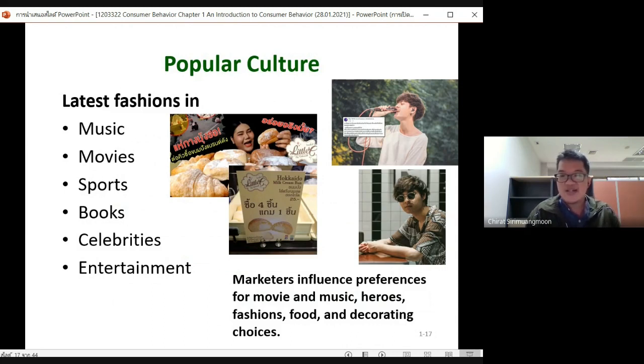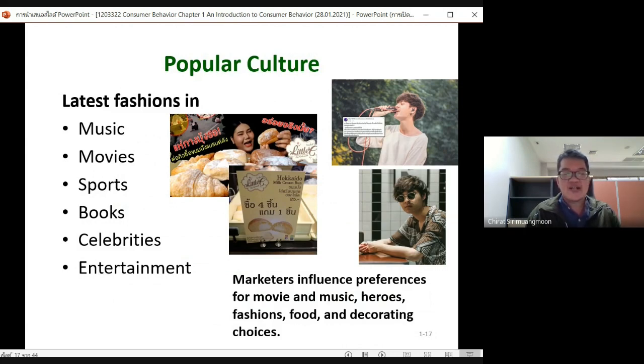Last year, the singer and songwriter named Tanwa, or Toy, was so popular, so he is pop culture as well. In conclusion, pop culture can be the latest fashion.